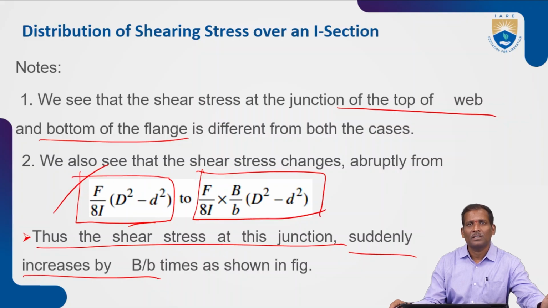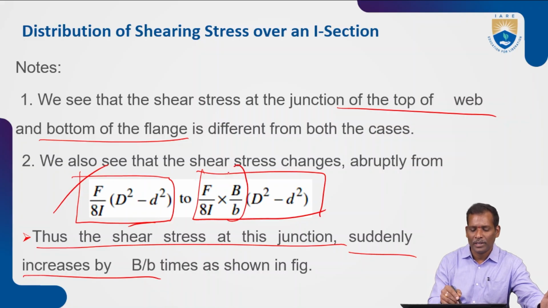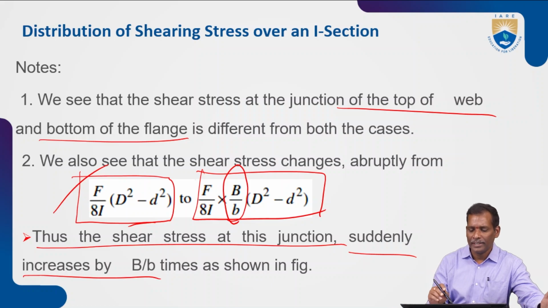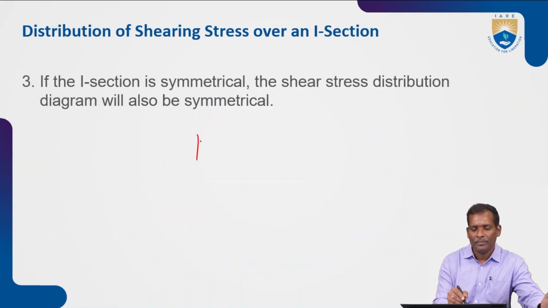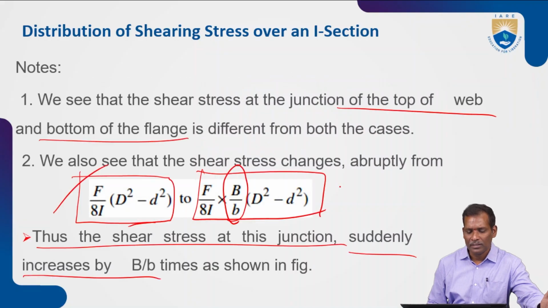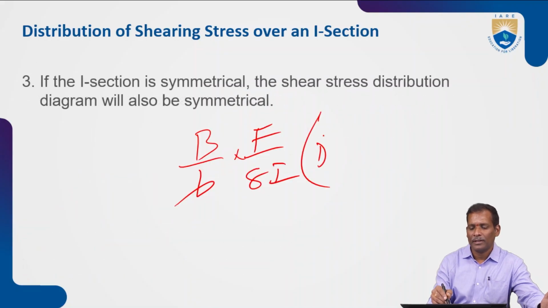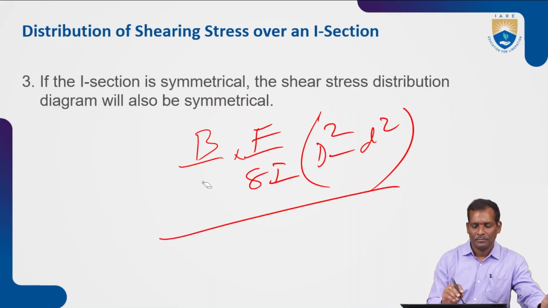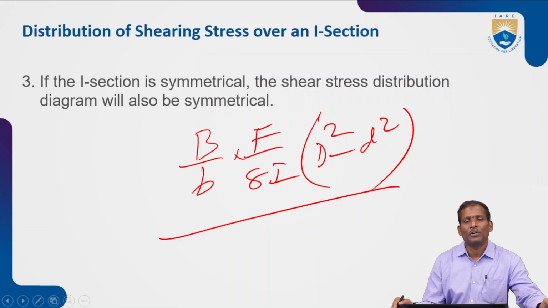Thus the shear stress at this junction suddenly increases how many times? The capital B by small b times. So you can write this equation: capital B by small b multiplied with F by 8I multiplied with capital D square minus small d square.